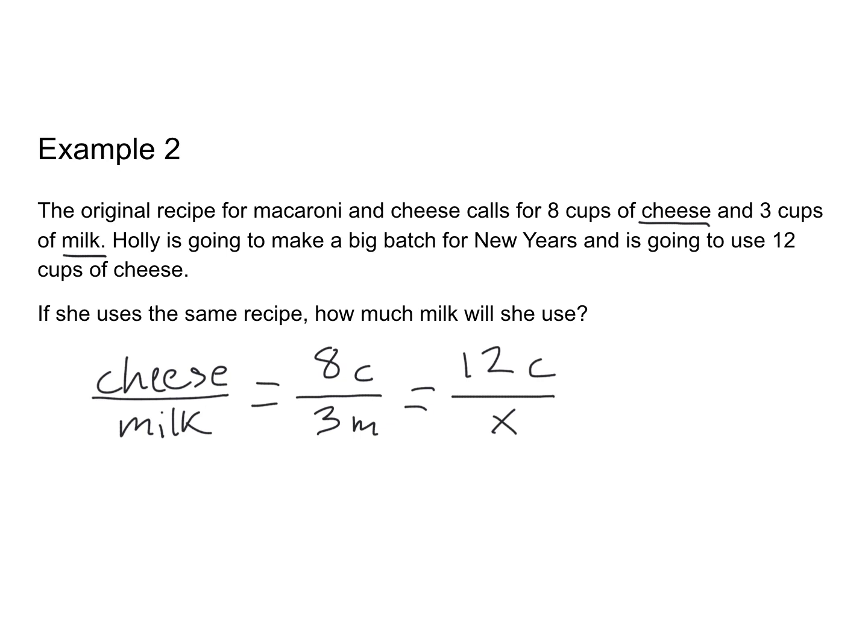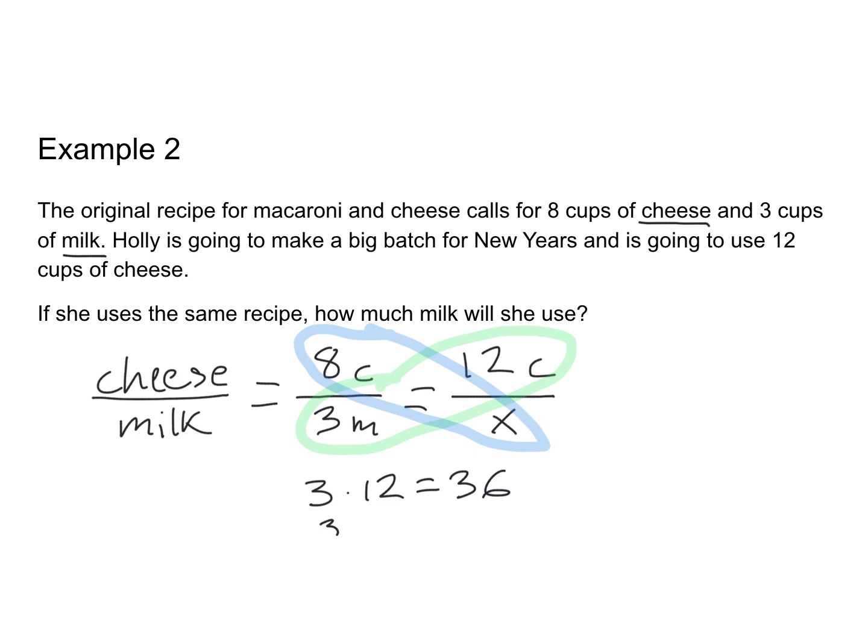So what I'm going to do is I'm going to use our cross multiply and divide strategy that we've learned before. So I'm going to multiply the numbers that are across from each other. Do 3 times 12, that equals 36. And then I am going to divide by the number that is across from the x, because we know that these two things multiply to equal each other.